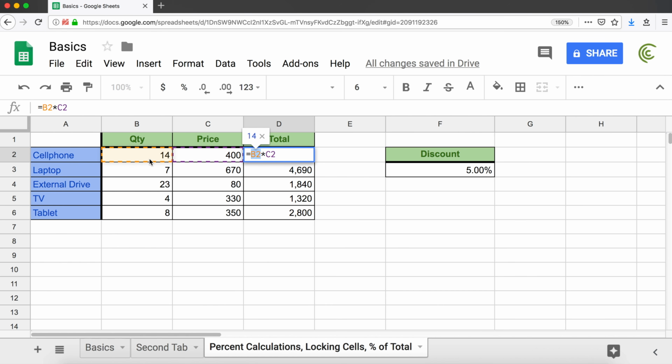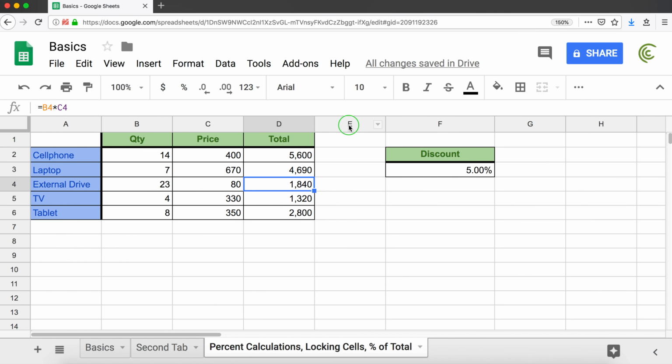If we move B2 one down, it will be B3. If we move C2, which is the next reference, one down, it will be C3. So if I hit escape, we move one down by dragging, which means our references moved one down, so B3 times C3. And so it goes. We move 2 down, B4, 2 down, C4, and it works. So that's great. I'm going to hit escape.